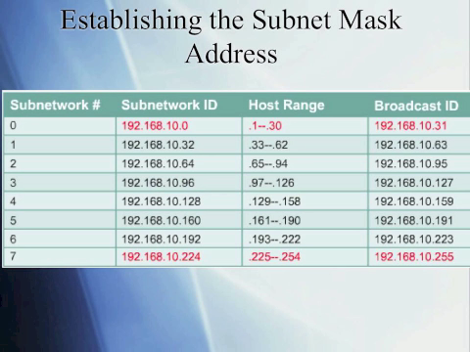Your question is, all of these computers in network C will be able to talk to each other directly? Yes, but they'll have to go through the gateway if, for example, I'm trying to communicate from this computer to a 192.168.10.70 address.